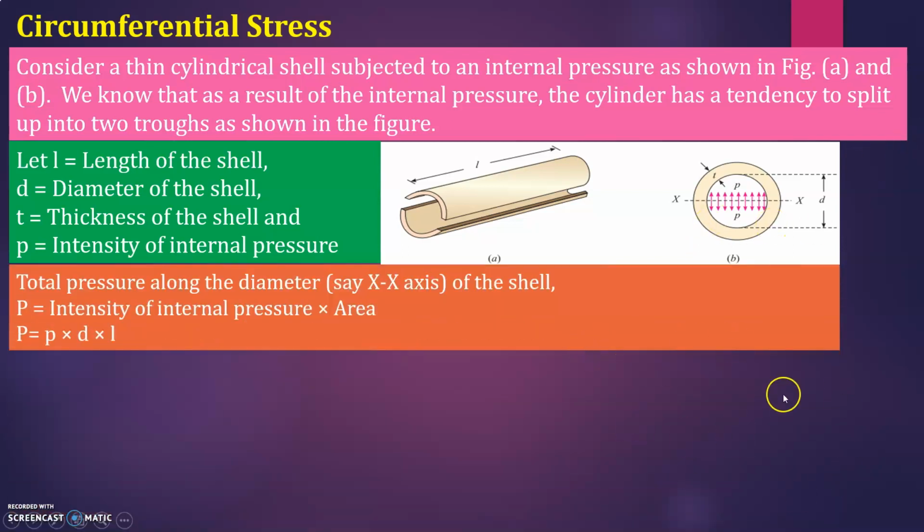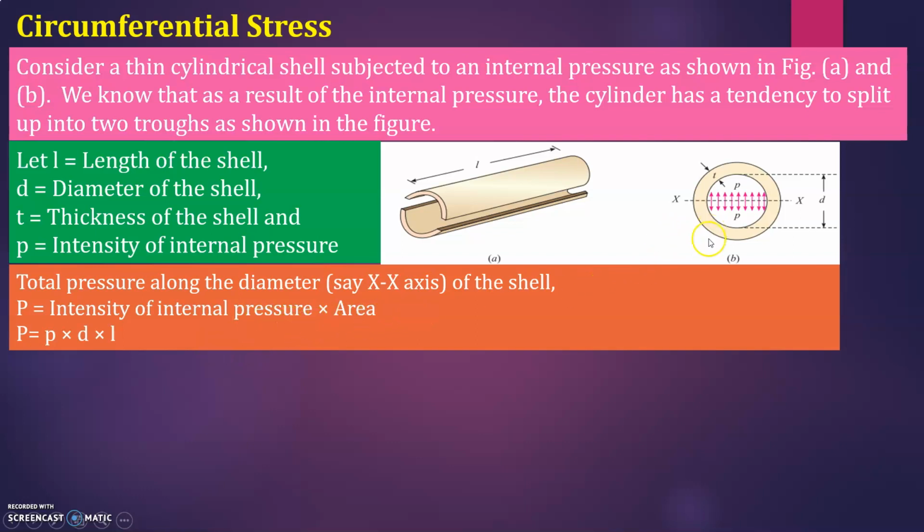Now you have to calculate the total pressure. Here you can see the stresses are developed along the circumference of the cylinder, in the x direction. This is the diameter and this is the thickness t. Total pressure is equal to the intensity of internal pressure into area.